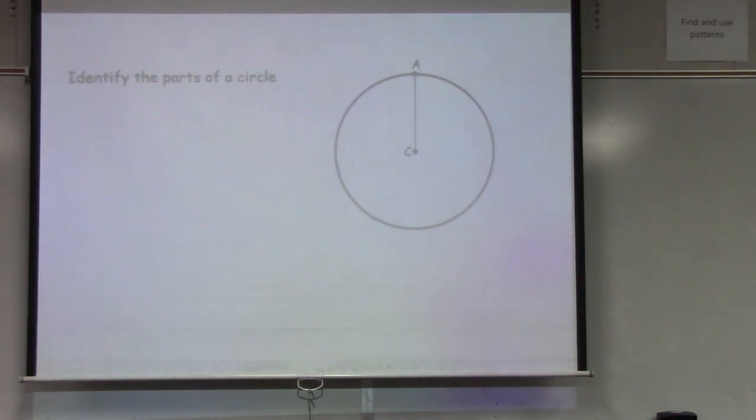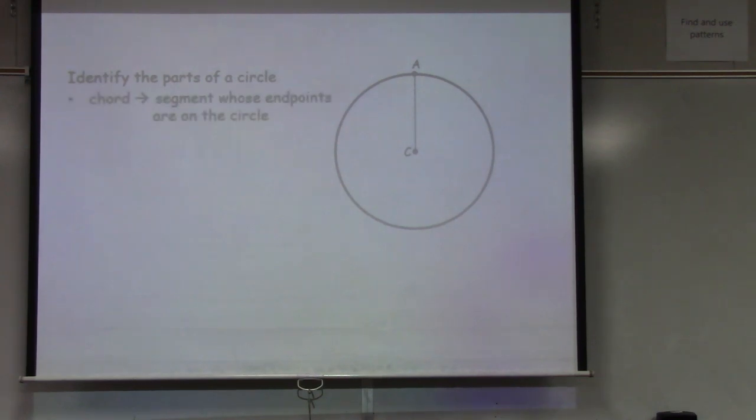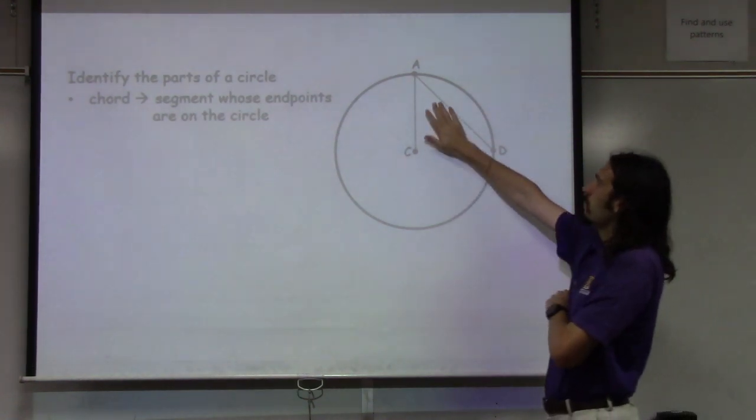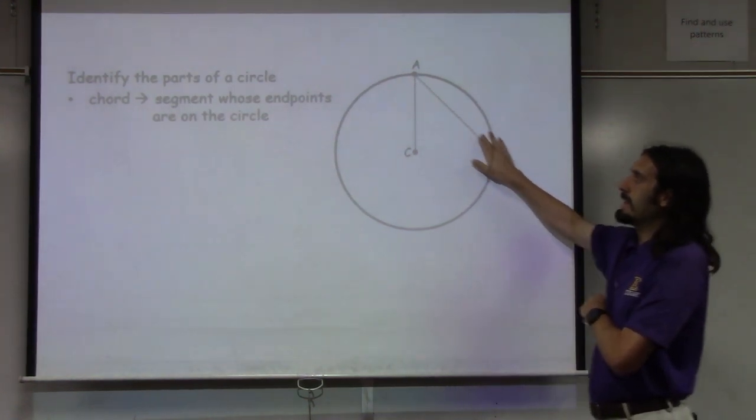Moving right along. We're going to identify a few different parts of our circles. So going down our list that you have on your page, first up, we have a chord. And a chord is any segment whose endpoints are on the circle. So right here, we would be able to say that we have chord AD.